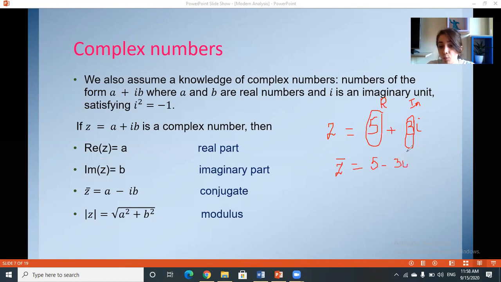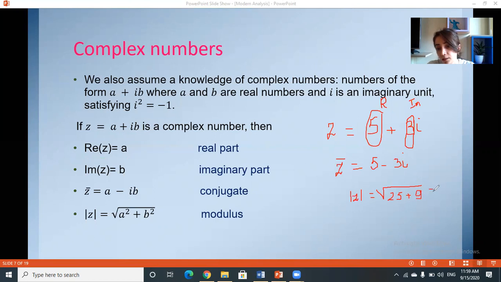And the modulus of z is equal to the square root of 5 squared, 25, plus minus 3 squared, which is 9.